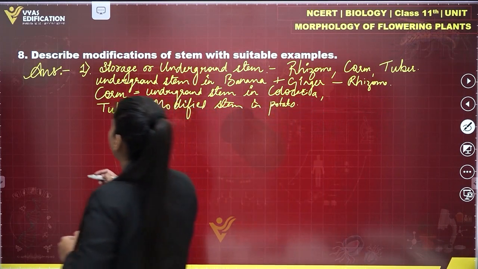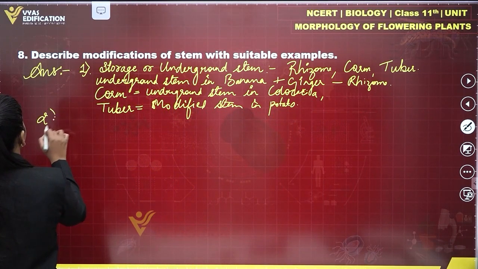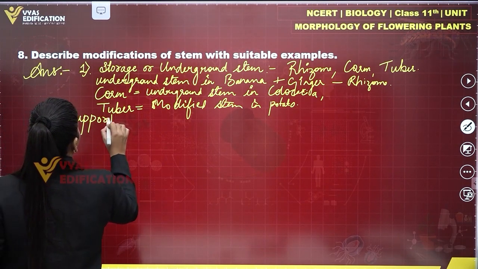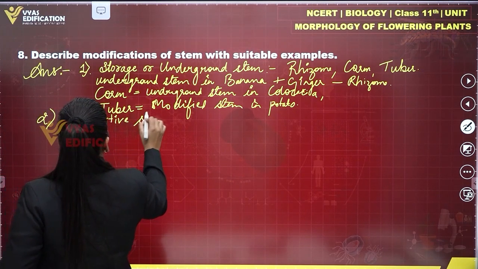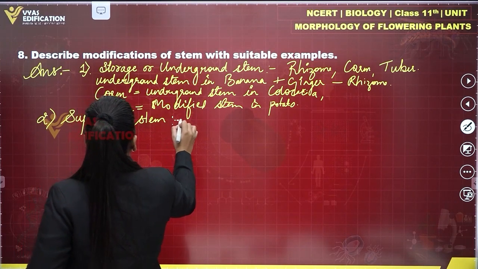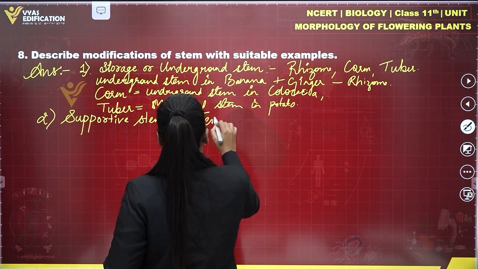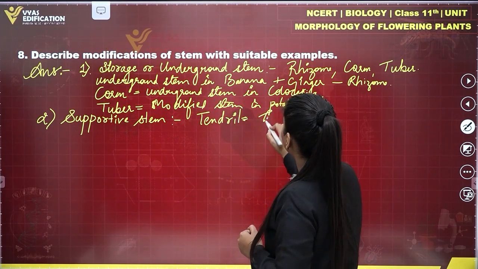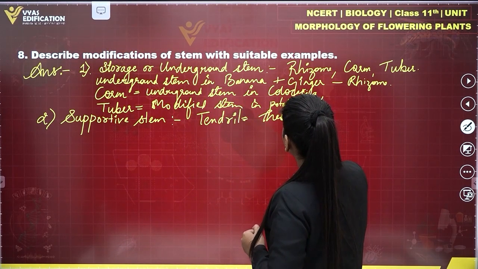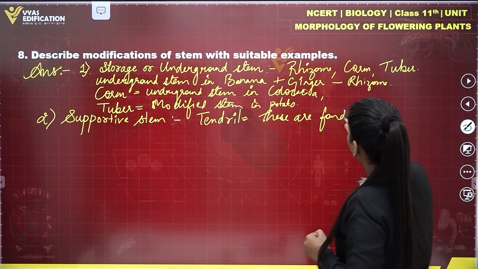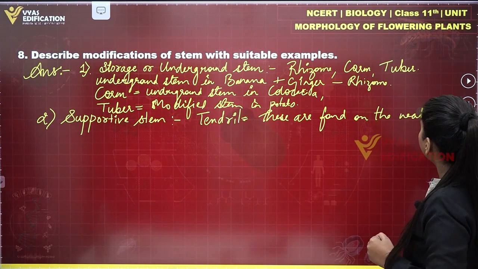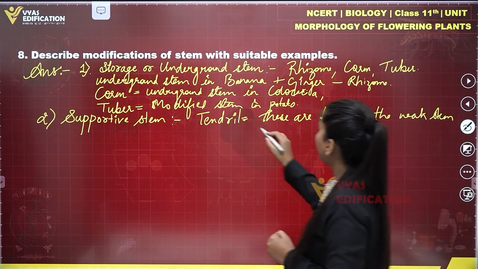Then the next modification of stem is the supportive stem. In this we have the example tendril. So first of all, these are found on the weak stem of a plant.